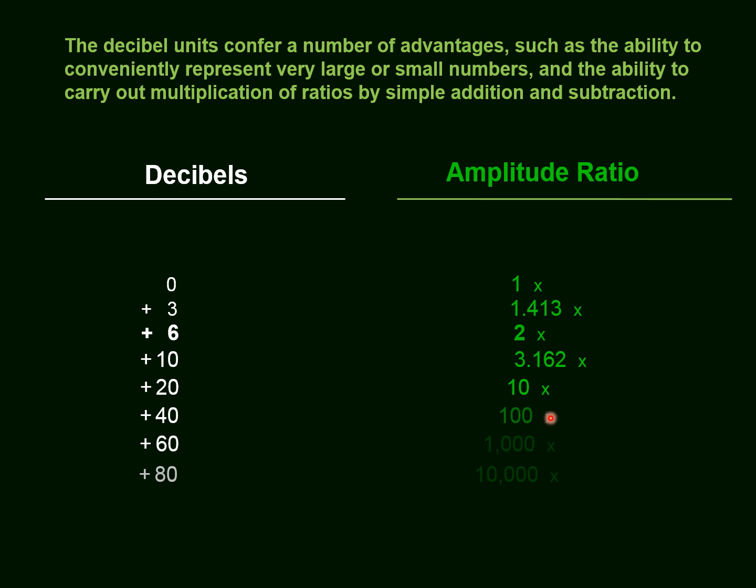But when it comes to 100 times, 1000 and even 10,000 times, it's difficult for us to understand, to imagine, and to calculate with these numbers. It's easier to use the decibels as plus 40, 60, and 80.